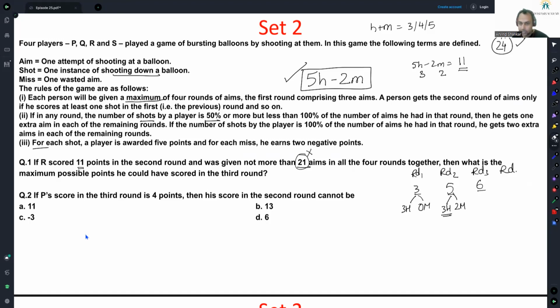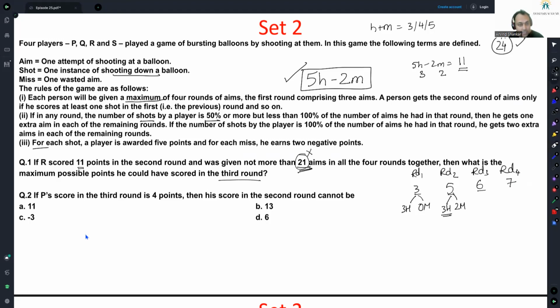I'll again go down that path. My target is to maximize the score in the third round. So the best case possible would be if all 6 aims hit the target, all of them were hits. But in that case, in round 4, I would have 8 aims available. And now the summation of aims available to R would be more than 21, which means I cannot start off with the assumption that in round 3 all the aims were hits, but I can go up till 7 here.